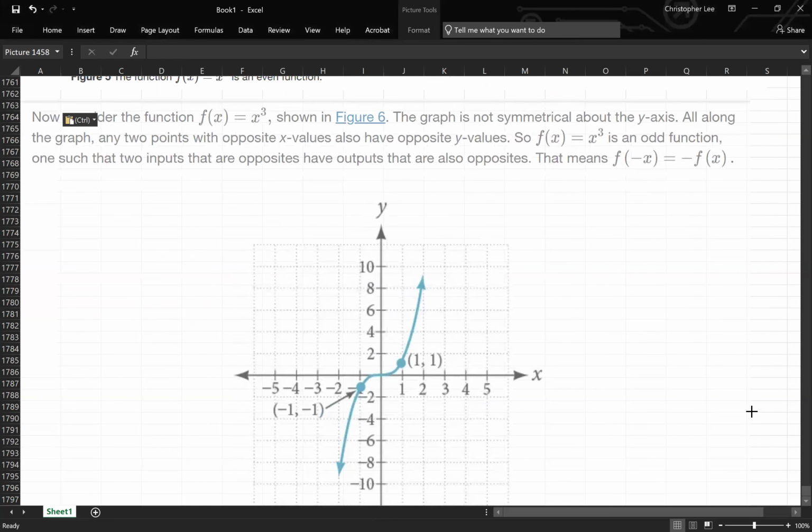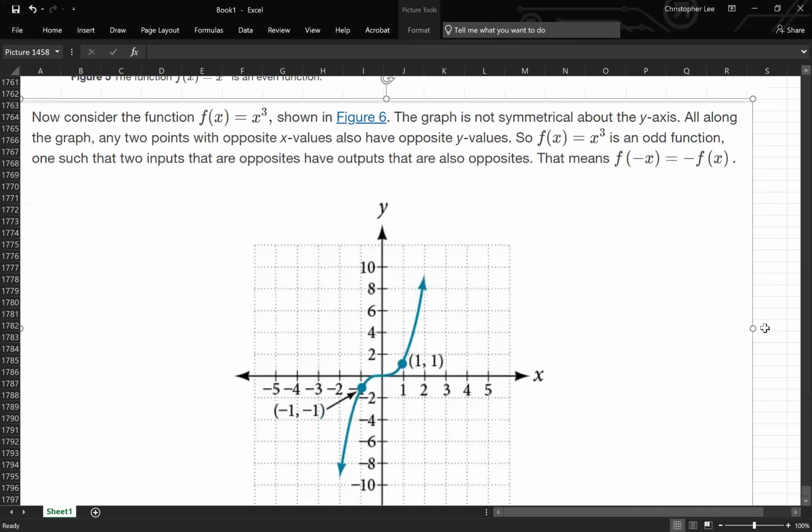So now consider the function f of x is equal to x cubed, shown in this figure below. The graph is not symmetrical about the y-axis. All along the graph, any 2 points with opposite x values also have opposite y values.